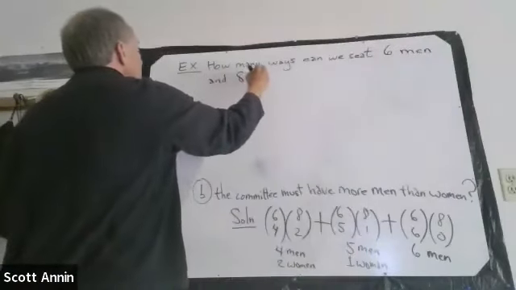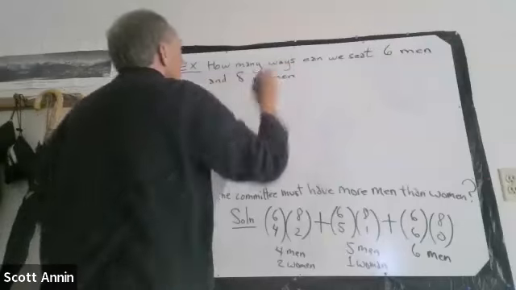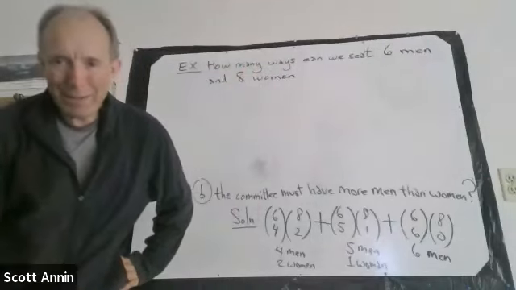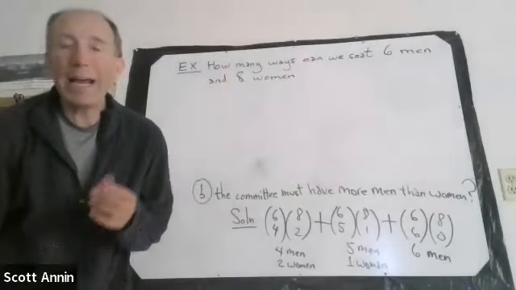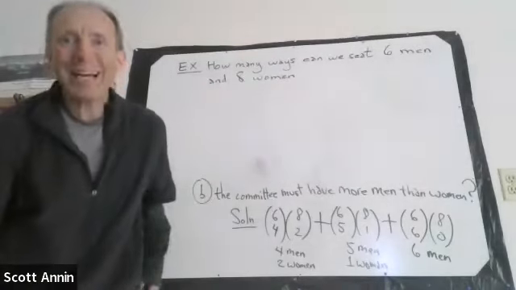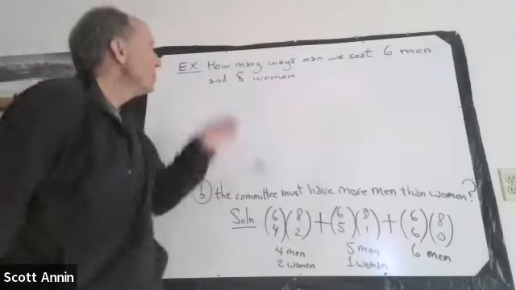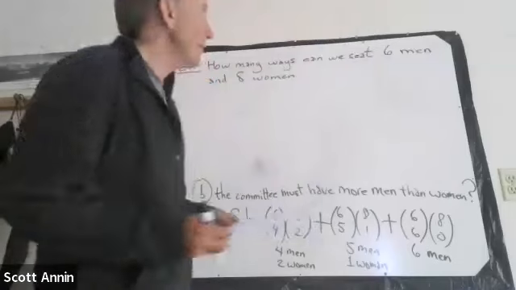So again, we have 6 men and 8 women. Whenever you have something like this, of course, you're assuming that there's no repeats. Unless the problem had identical twins or something like that, you don't have the same man twice. You don't have the same woman twice. No repetition is going to be allowed here.